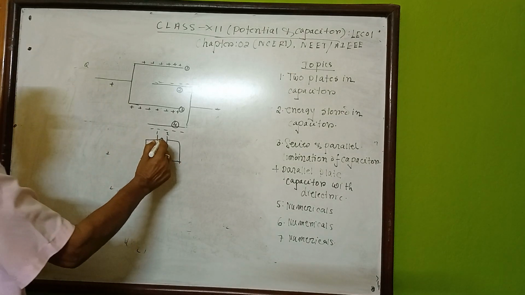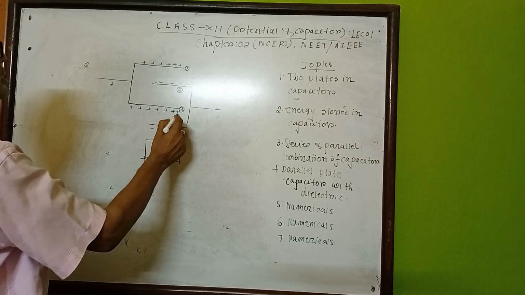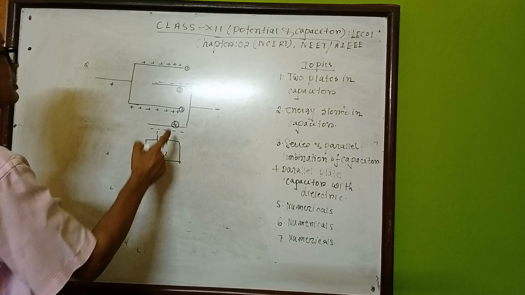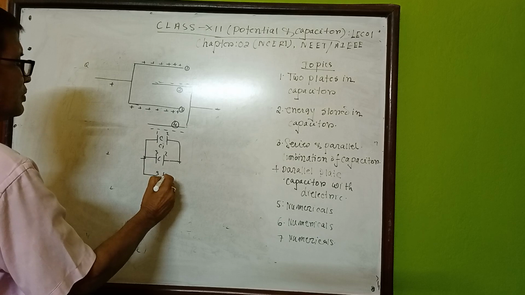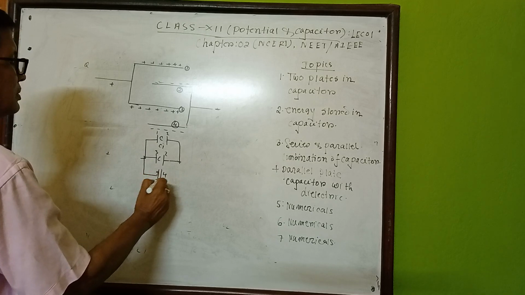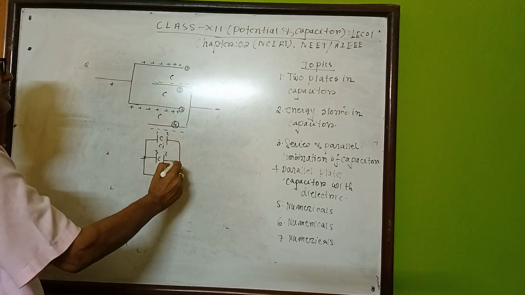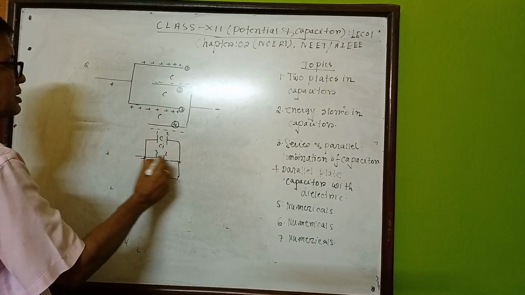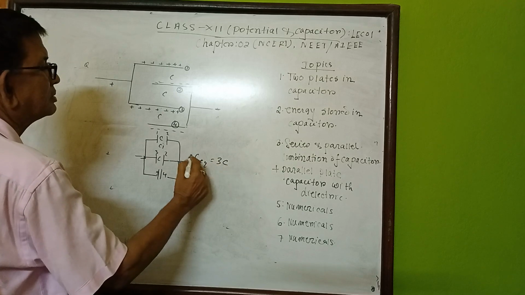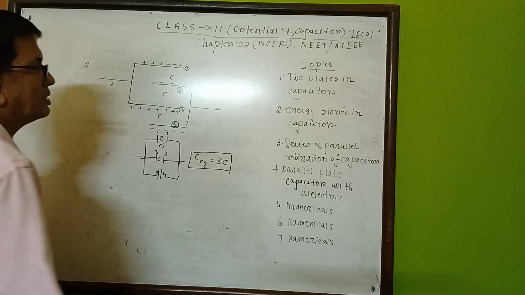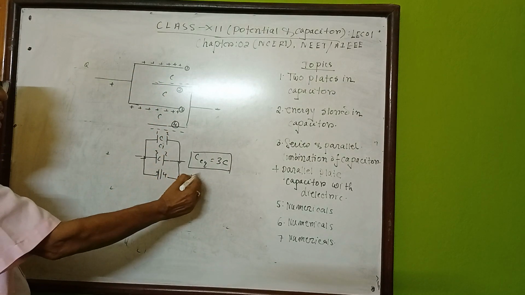That is C, that is C. Next 3 is plus, already you have done 3 plus. Now 3 and 4. That means there are 3 capacitors, C, C, C. They are all parallel. So C equivalent will be 3C. Just plainly you are adding C plus C plus C, they are parallel. So we are getting this answer.